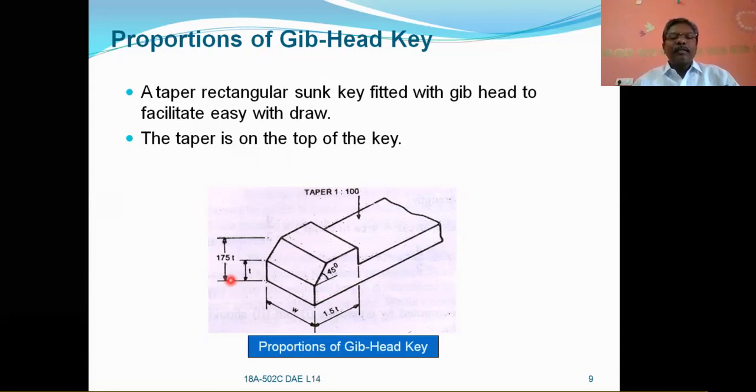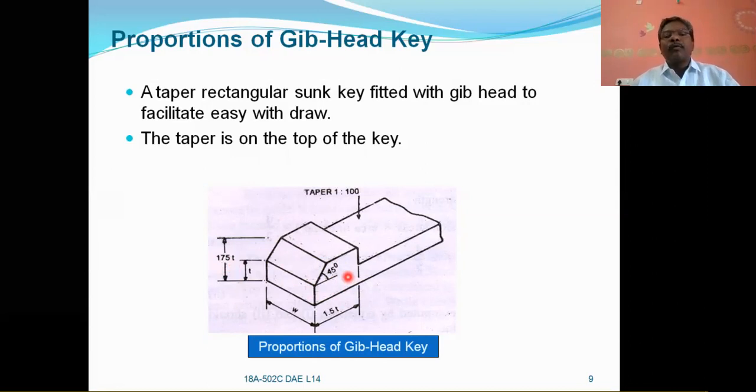And this is the height of the jib head, which is 1.75 times the thickness of the key. Here it is a printing mistake. And the angle for the jib head is 45 degrees. These proportions we must remember.